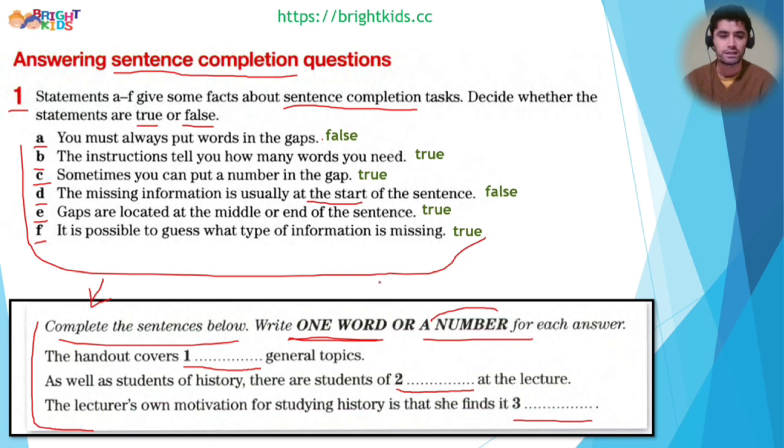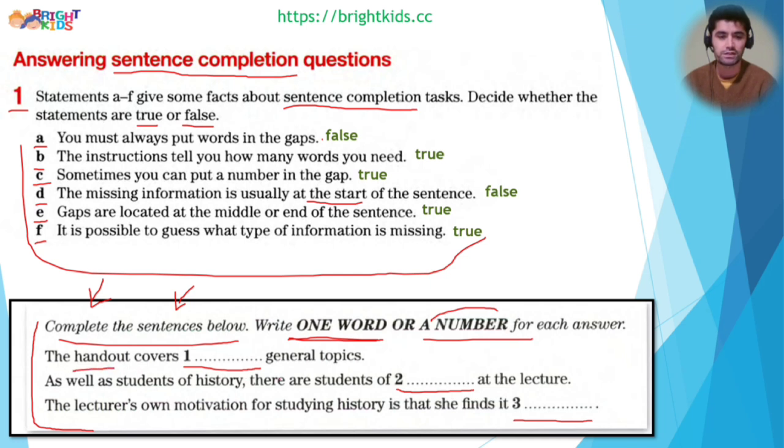Oh, by the way, before we move on to the next page, we have to do this gap fill question task. But before I play the audio track, let's take a look at the questions and underline the keywords, just as we always do. The first one, the handout, it's about handouts.